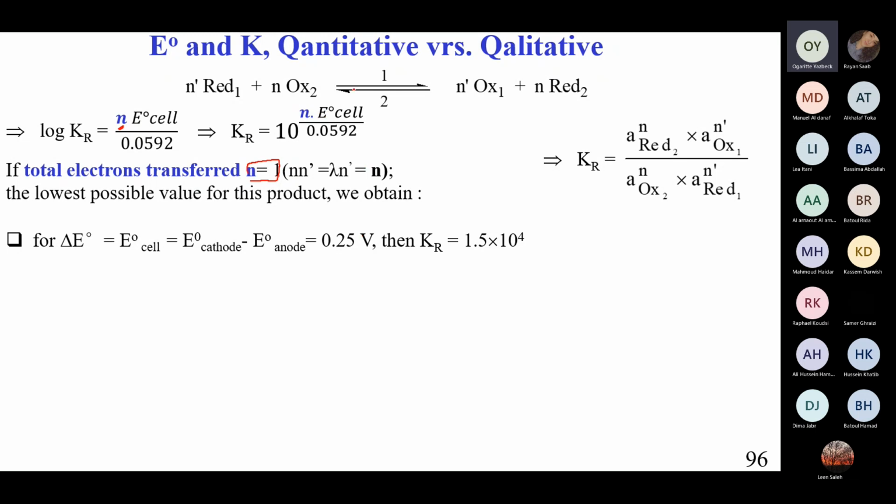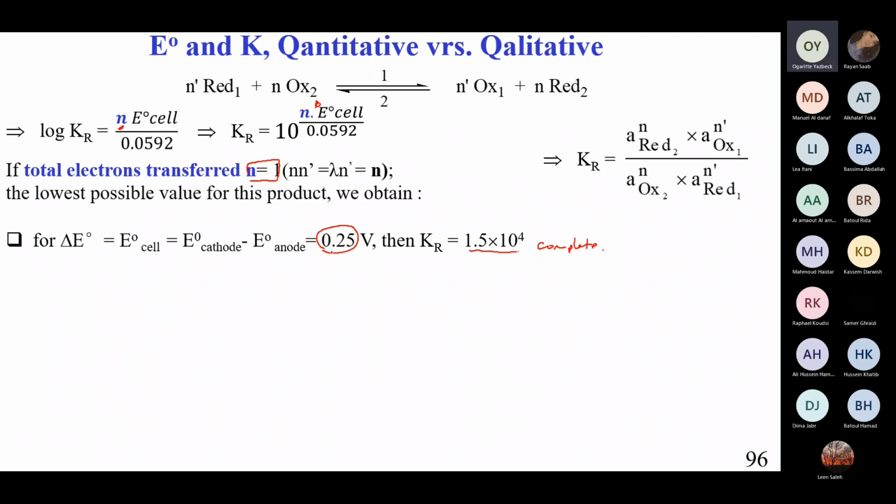It turns out that when the delta E, or E naught of the cell, and I like to put delta E because it shows that it's the change in E naught, is 0.25 as a number, we see that K is approximately 1.5 times 10 to the 4, and that's when the reaction is what we call complete.